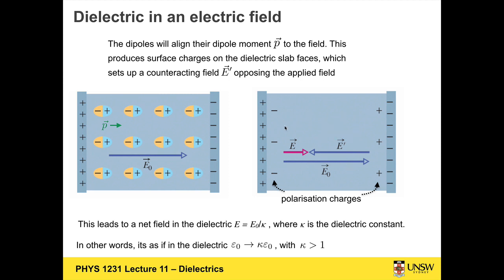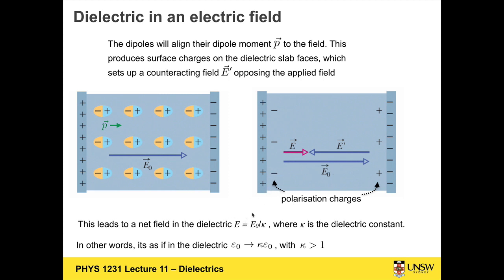The effect of this means that there are polarization charges that build up at the surface of this dielectric, and we can think of these polarization charges as creating this field E prime that cancels out part of the original field. The resulting field E here is much reduced compared to the case of no dielectric, or free space, in between these plates.